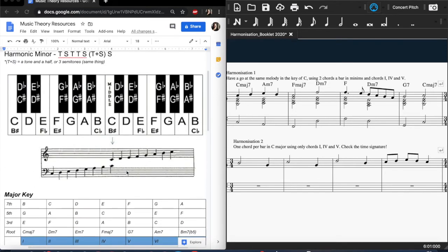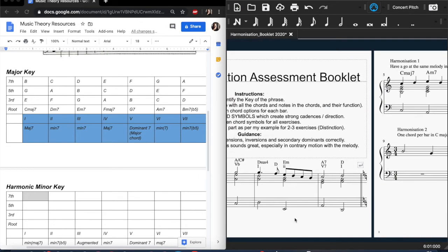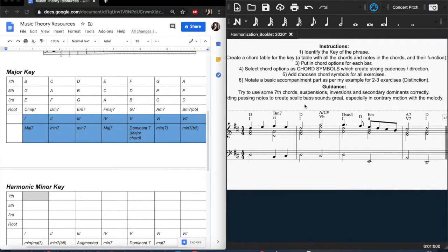So if we have a look at sticking some of these things in, this is what I suggest: just do it normally as we did in the last video, and then come on to adding this stuff in.